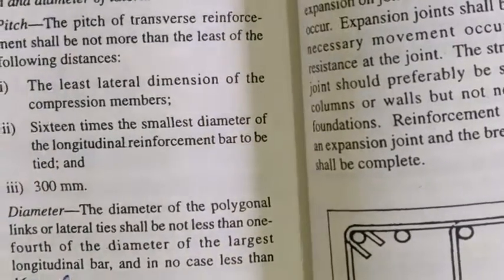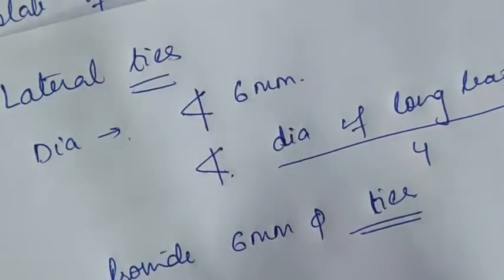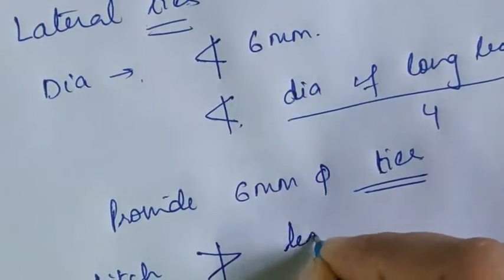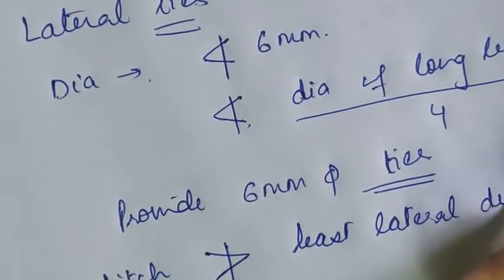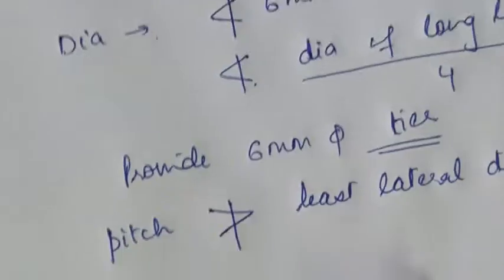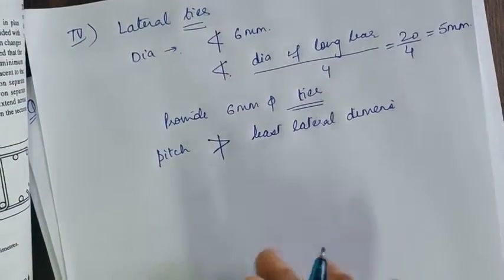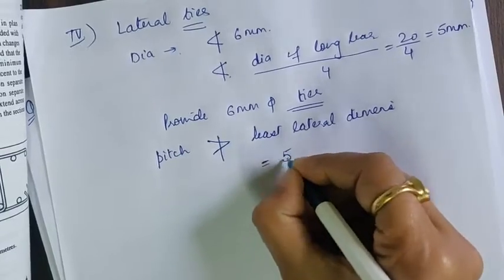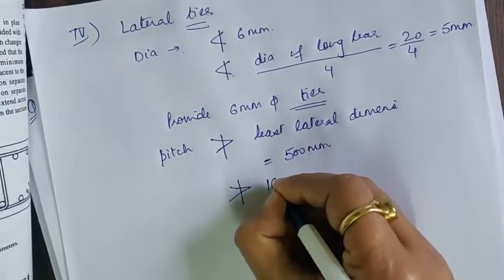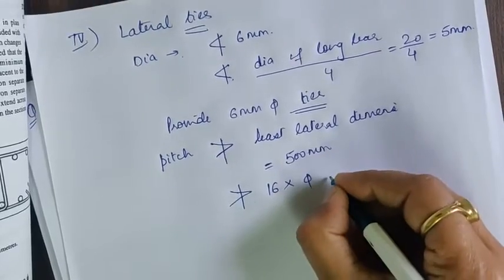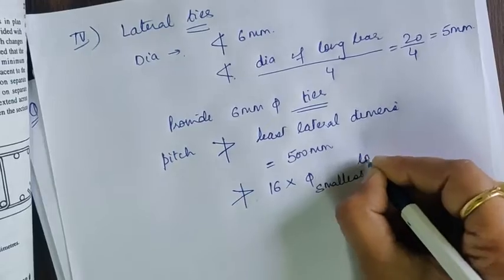Okay. So it means pitch should not be more than least lateral dimension. In our case, we are using 500 millimeter cross section. So this is 500 millimeter. It should not be more than 16 times dia of longitudinal bar, smallest longitudinal bar.